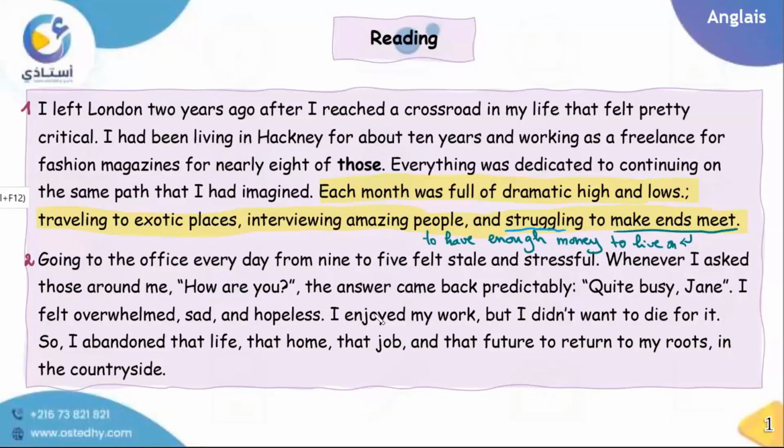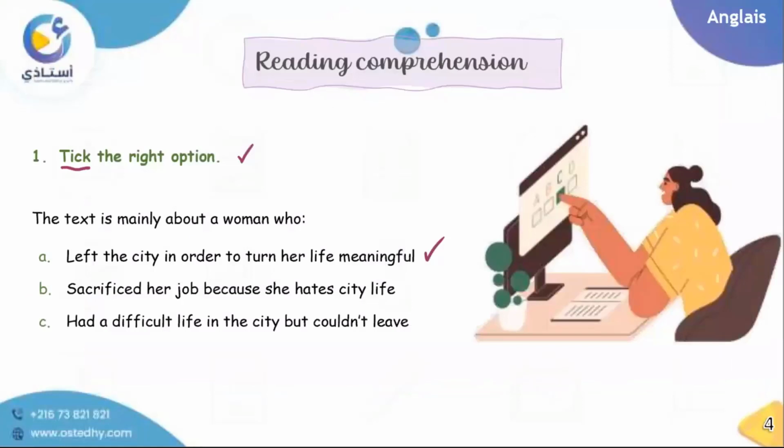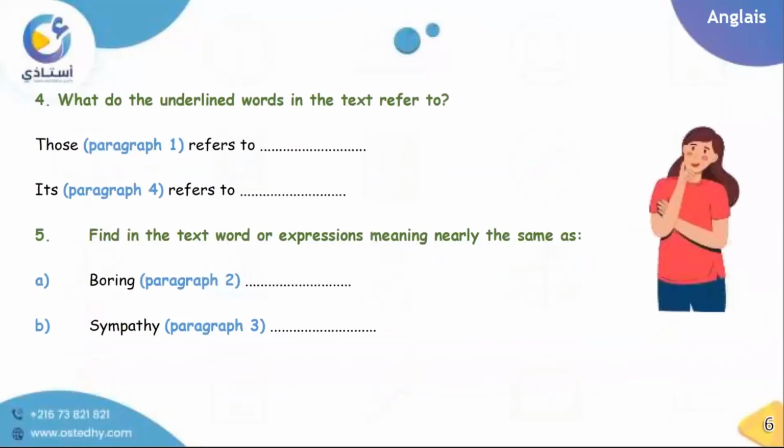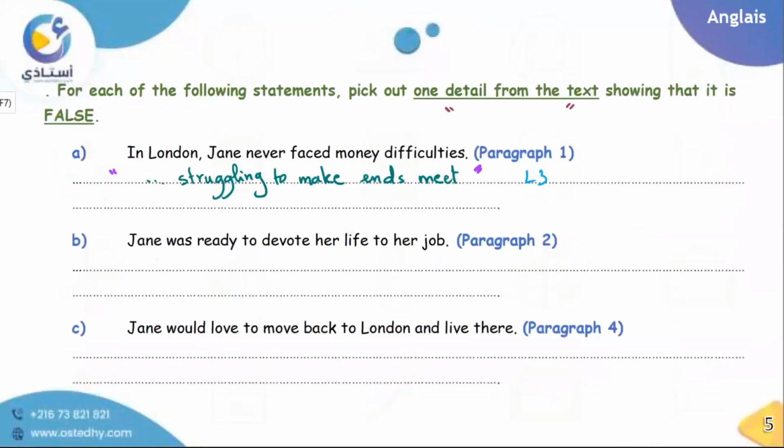It's in here. I enjoyed my work, but, okay, I didn't want to die for it. So she wasn't prepared to die for her work, for her job. As usual, we put quotation marks.